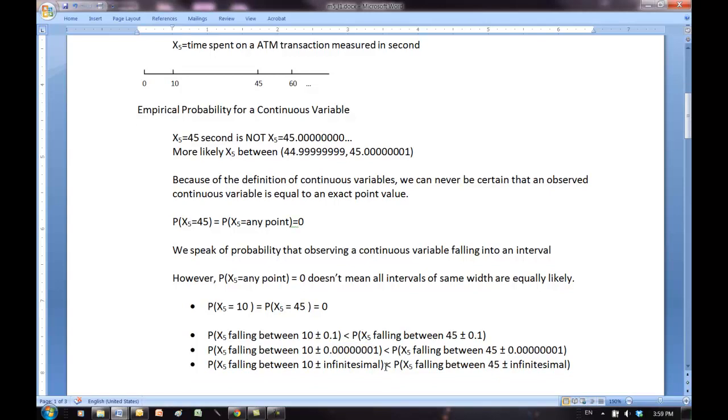And intuitively, the former is still less than the latter for any small interval, no matter how infinitesimal it is. However, once the interval shrinks to a point, then the probabilities of both become equal to each other and equal to 0.